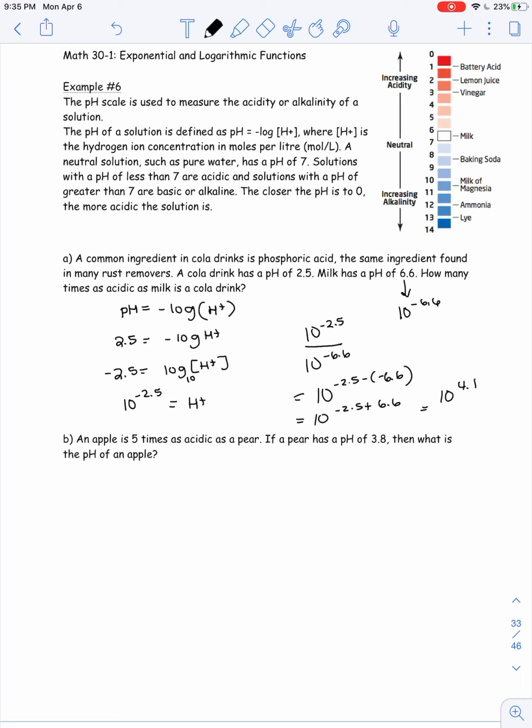So we're calculating 10 to the power of 4.1 in our calculator. And we get that the cola drink is 12,589 times more acidic than the milk.